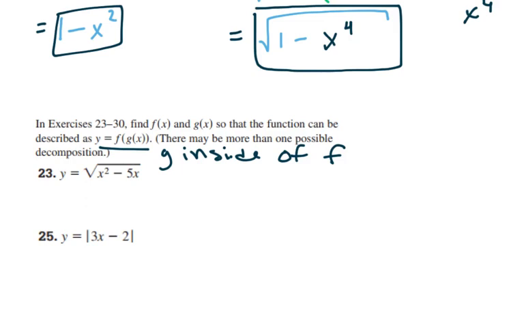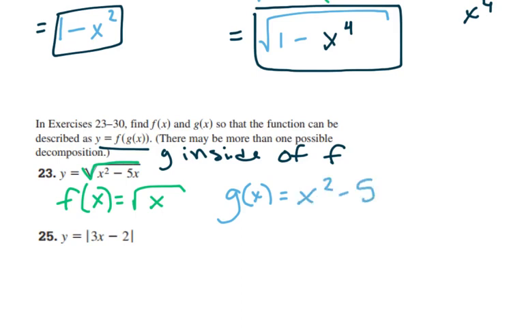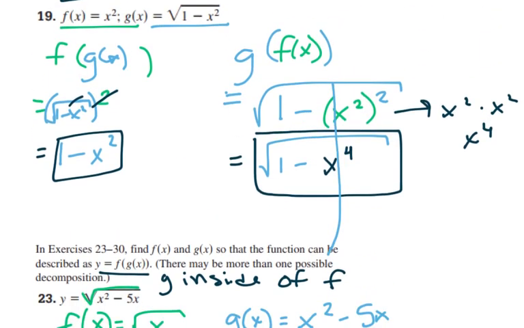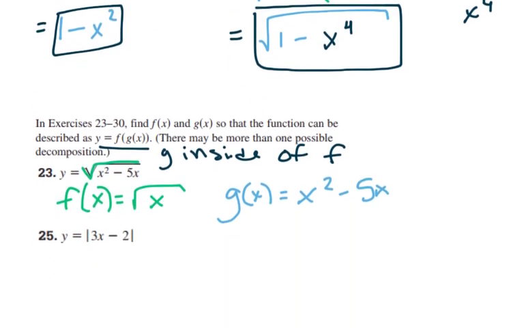And so, especially since we have this square root here, I'm going to say that the outside equation, of f, is going to be the square root of x, or square root of whatever we have. And then since g is on the inside, it's going to be whatever is sitting in the inside of that square root. So x squared minus 5x. And of course, if you want to know if what you did worked, you would then go back up to what we did, for instance, up here, and try that operation with what you've just created.